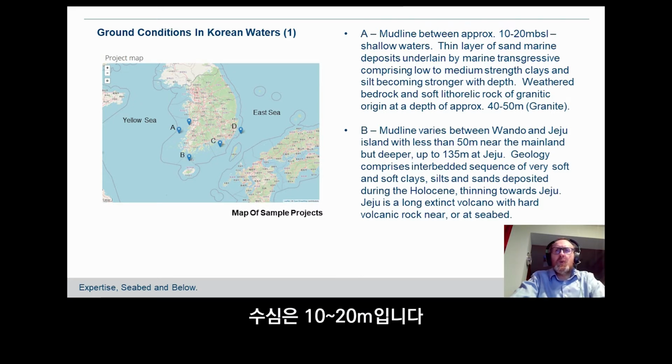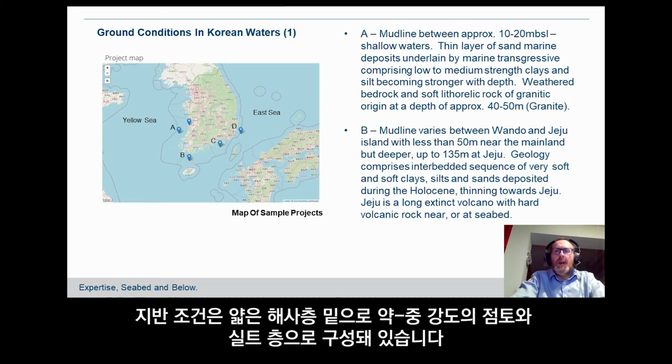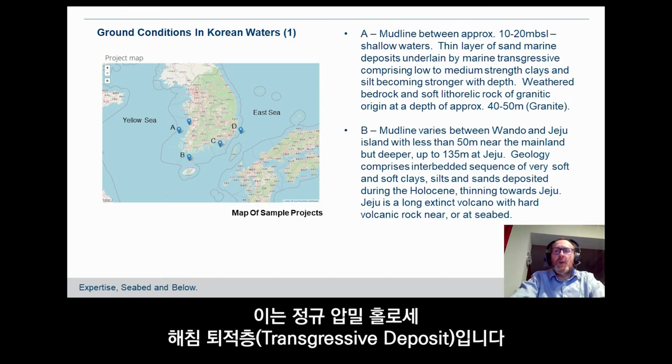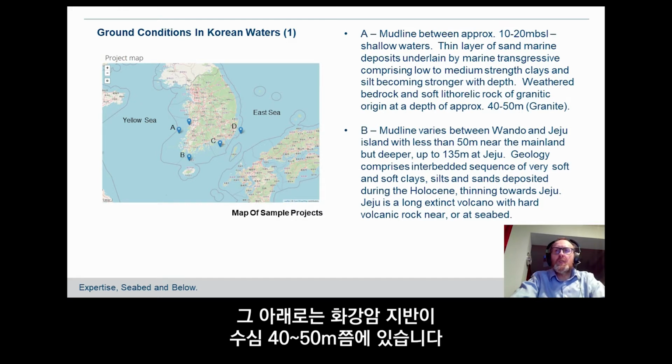It has 10 to 20 meters of water depth, and the ground conditions comprise a thin layer of marine sand, which is underlaid by low to medium strength clays and silts, which are normally consolidated and are transgressive deposits from the Holocene area. Underlying that is weathered bedrock, which is granitic in origin, and that's at a depth of about 40 to 50 meters.